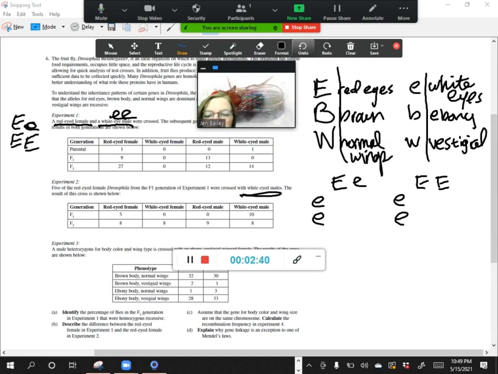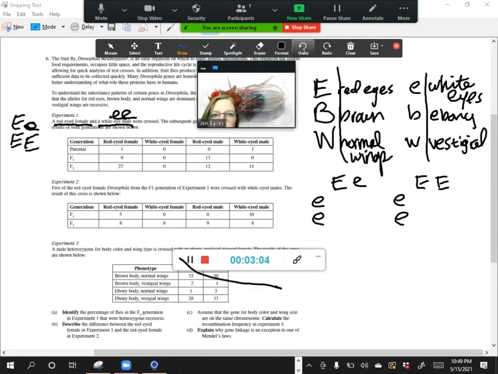Okay, so we've got 5 of the red-eye females mated with more white-eye males. Again, it's going to look like either the heterozygous or the homozygous dominant for those red-eye females, and it's going to be the little e's for the white-eyed males. Okay, all right. So we could also use this for experiment 2.